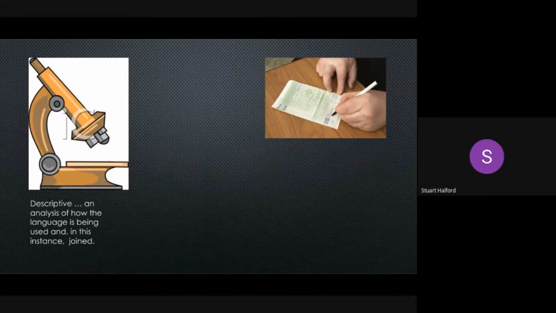It's a scientific approach, it's an objective approach, and we're analysing how the language is being used, and in the instance of grammar and syntax, how it's being joined, how it's being constructed. We're not making any judgments about it, we are just describing how the sentence in front of us or how the text in front of us is put together.